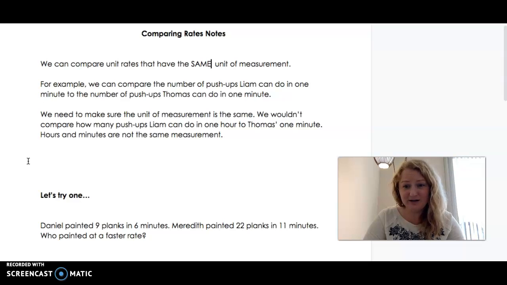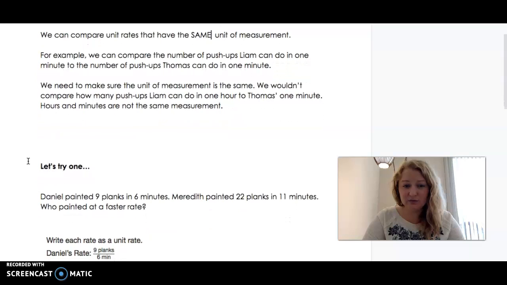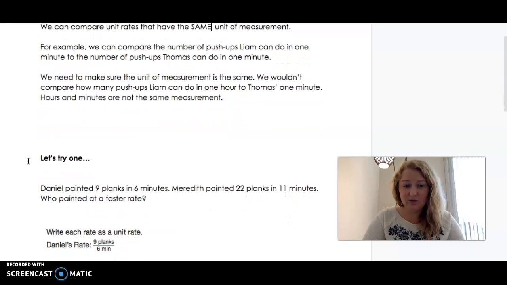What I want you to do right now in your math notebook or on a whiteboard with marker and eraser is create a ratio that shows Daniel's rate and Meredith's rate. If you need more time, go ahead and pause this and press play when you're ready. But if we wrote Daniel's rate, we would have 9 planks over 6 minutes.